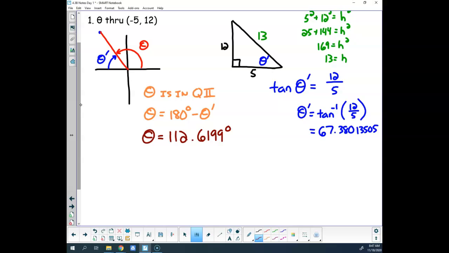I'm in quadrant 2, so the sine of theta would be my opposite side, which would be 12, over my hypotenuse, which would be 13. My cosine would be, my adjacent side was negative 5. Oops, I put over 12. That should be over 13.